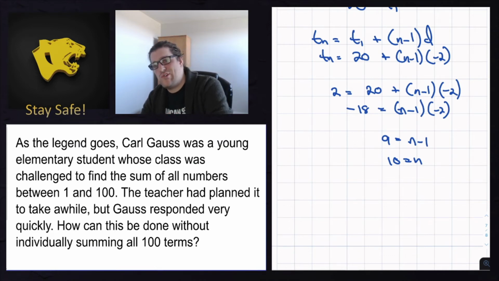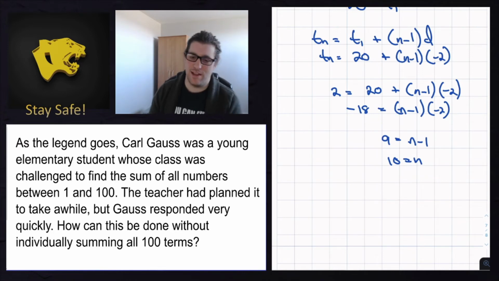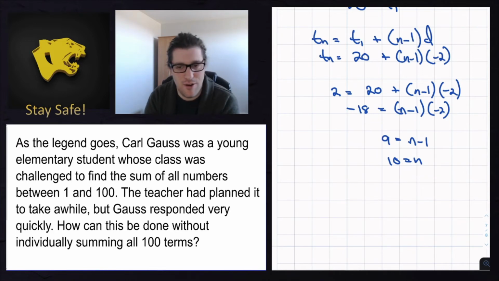Gonna do a little intro to series. So I really like this little story. I don't know how true it is, and depending on where you read it, it's slightly different in terms of either punishment or challenge or whatever.